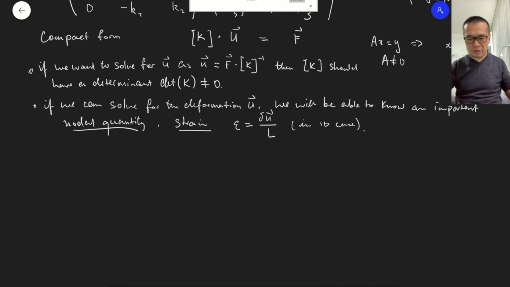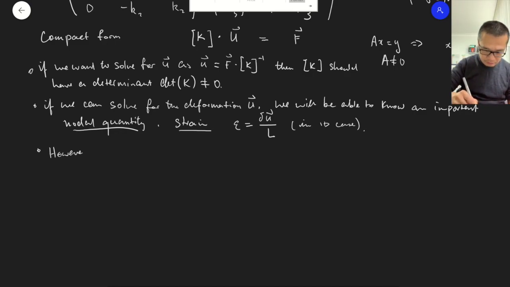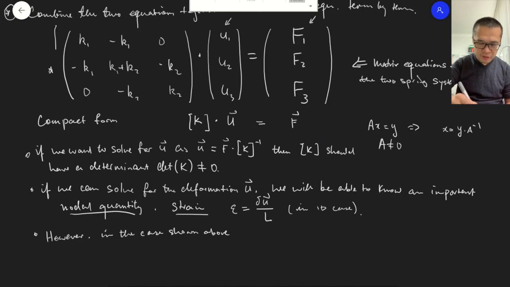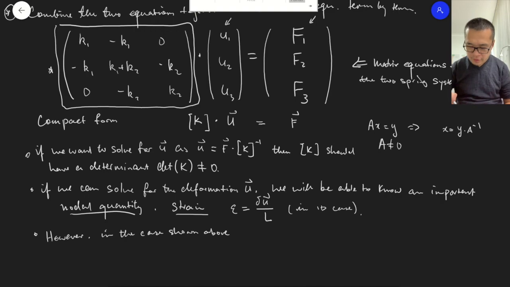Now, that's why we need to be able to solve for this U. However, in the case shown above, which is what we have right up here for this big matrix, K is diagonally symmetric.